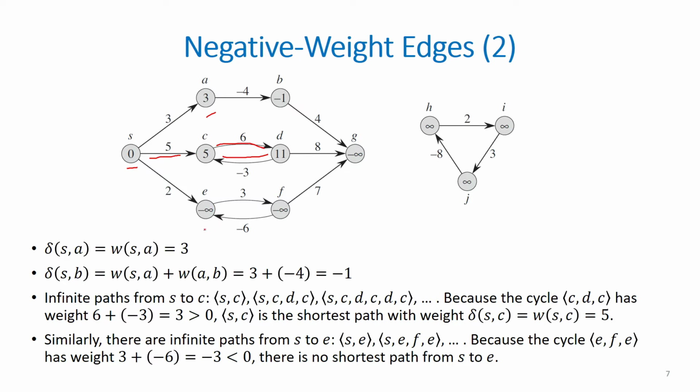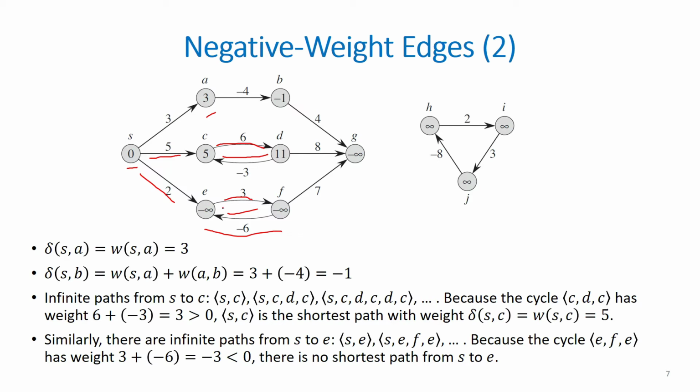Similarly, I can traverse the cycle given here to go from S to E an infinite number of times. But we see that unlike the previous situation, the weight of the cycle is 3 plus minus 6, which is minus 3 and is negative.